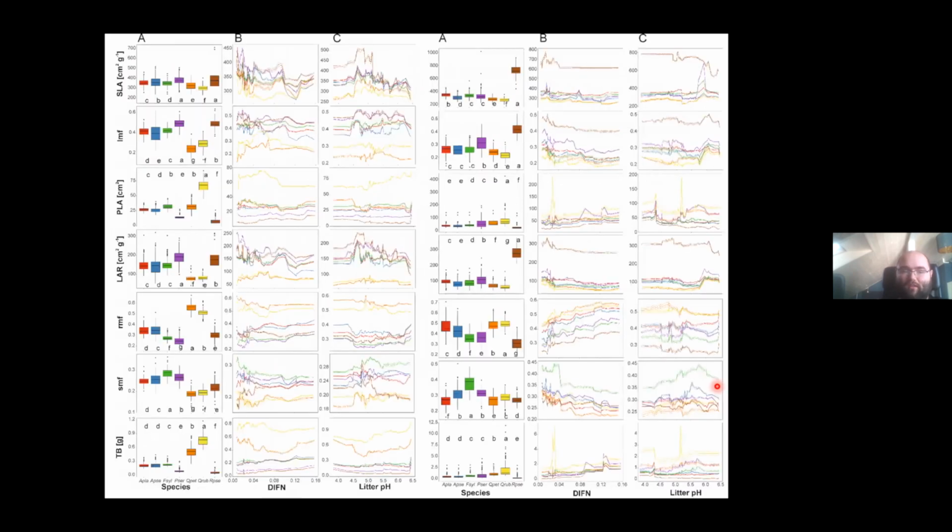We also found that all these traits differed across the gradients of light availability and litter acidity. However, the differences within the species were much lower than differences between species. So the strategies of the species were conserved across the different light and fertility conditions.